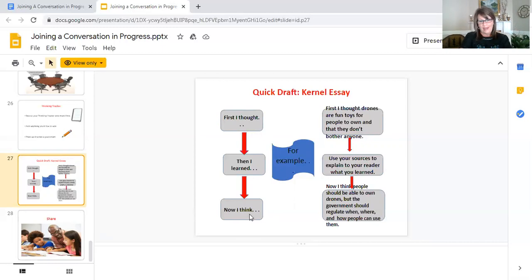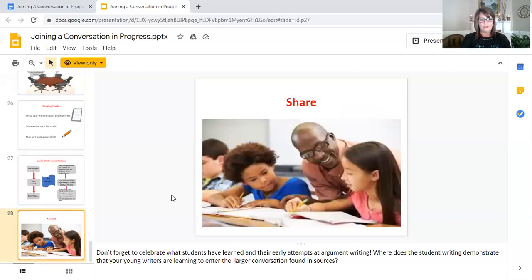So at this point, as I said, you can stop it there just with the quick draft using this kernel. You can have them do a quick draft using this kernel and then have them flesh it out with one of the more sophisticated kernels. And then whichever one you choose, you should have students share. You always want to celebrate the writing and the thinking.